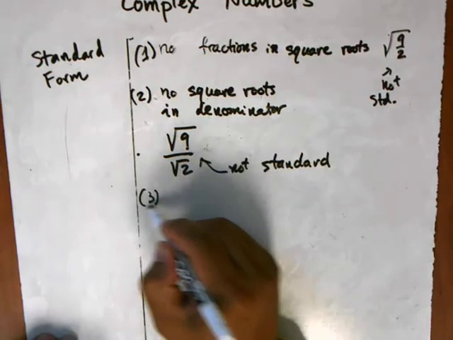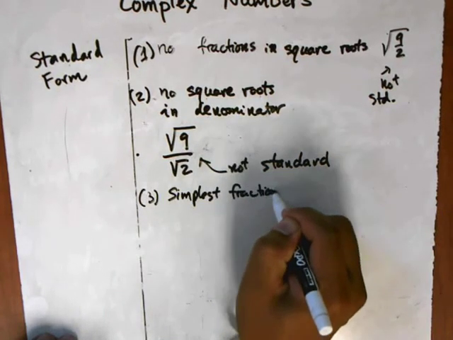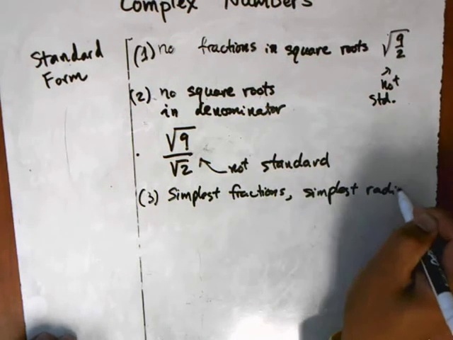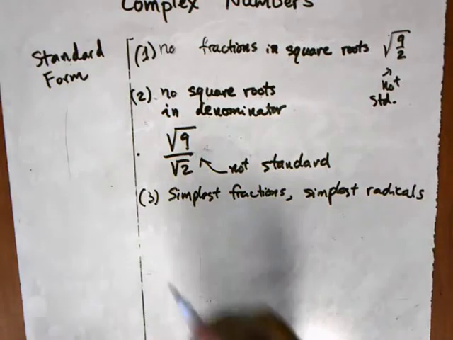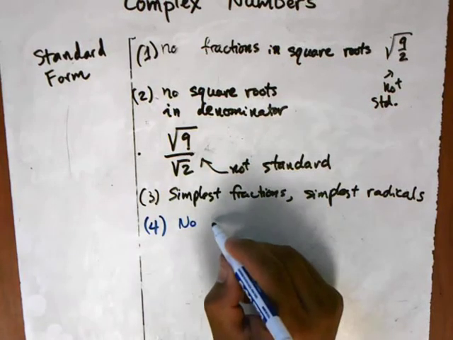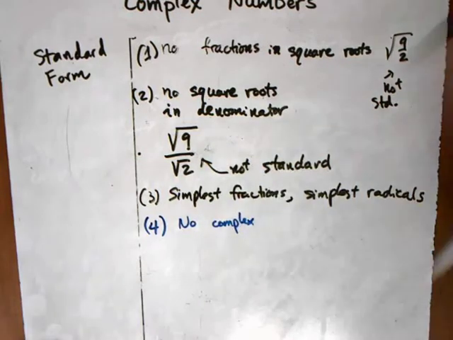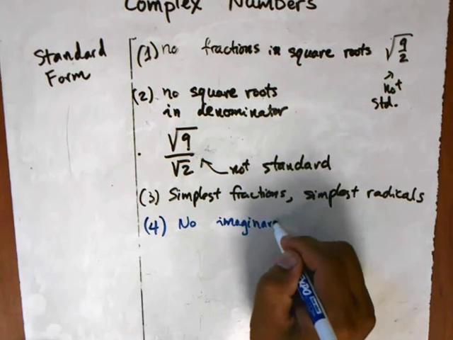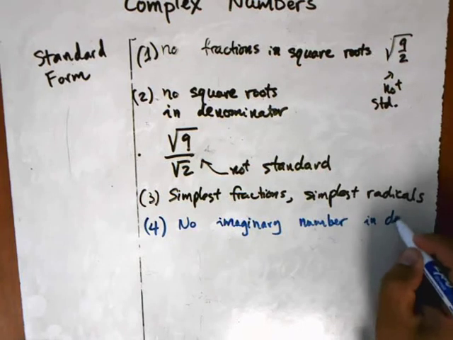And we also need everything to be simplest fractions, simplest radicals, and there's a few other rules. But the new rule here that I'm adding on is no complex, or I should say imaginary, numbers in denominator.